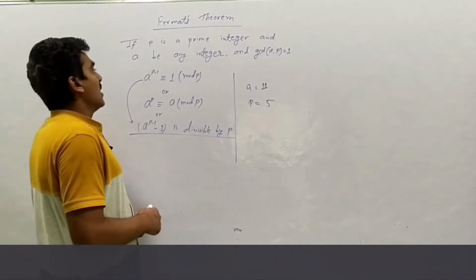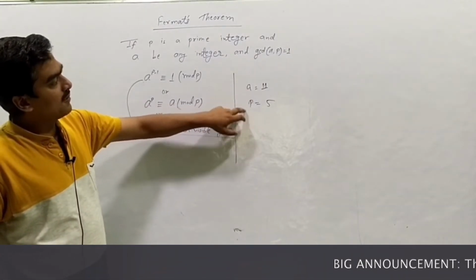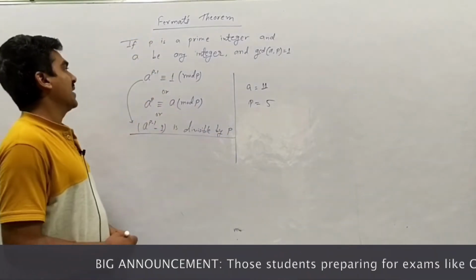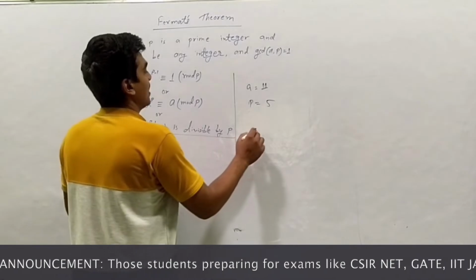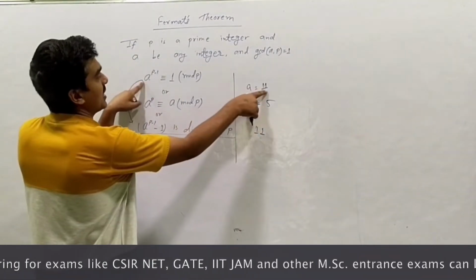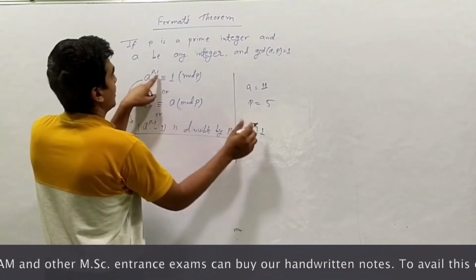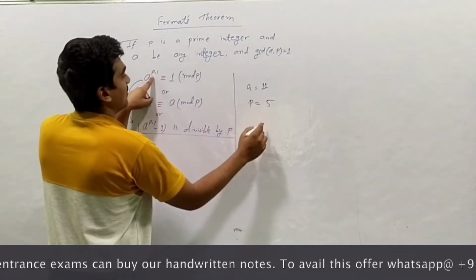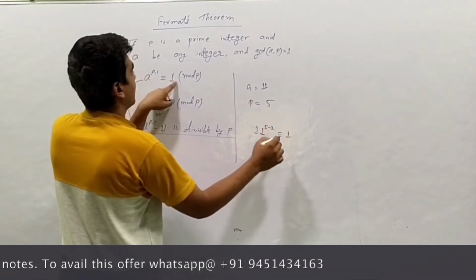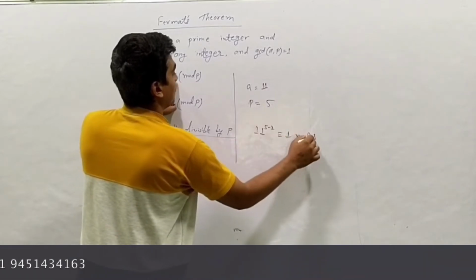So by taking values of a and p in this theorem, what can we write? We can write 11 raised to the power p minus 1, that is, in place of p we write 5, so 5 minus 1, is congruent to 1 modulo p, that is 5.